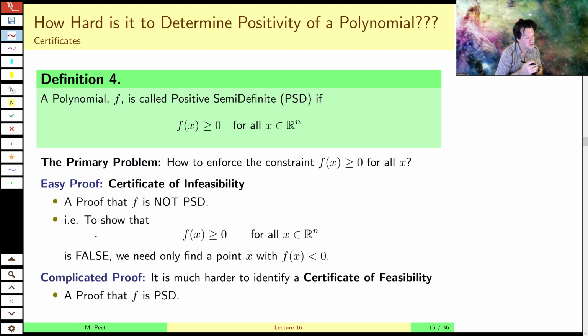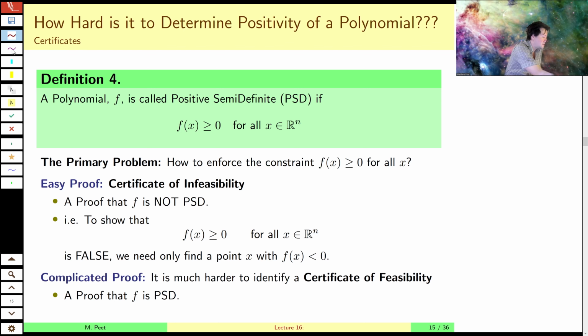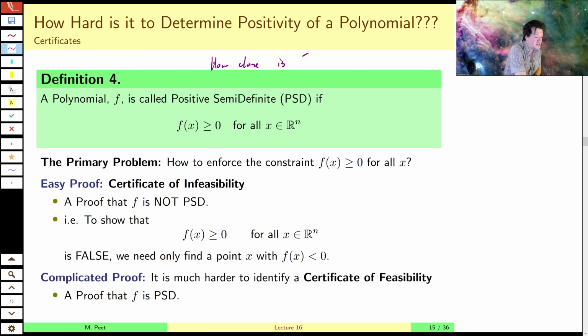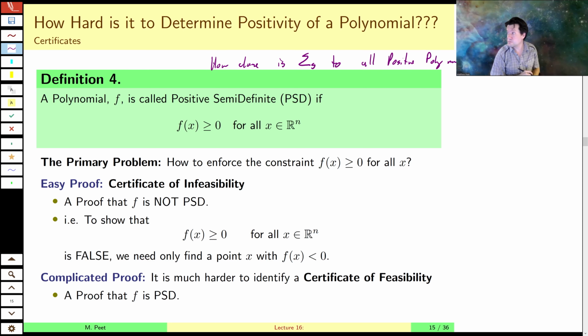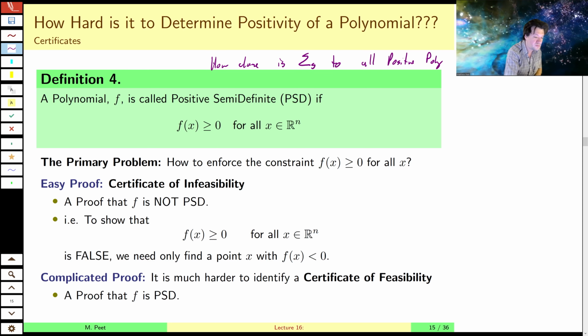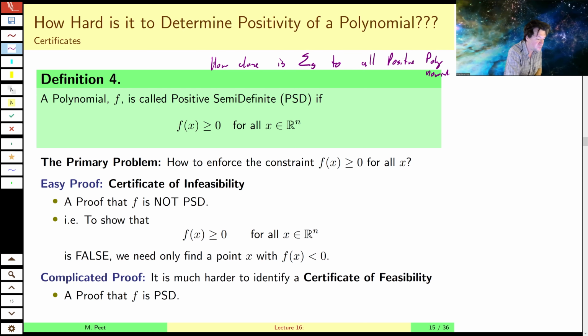So how hard is it to prove positivity of polynomials? Is sum of squares sufficient? How close is the set of sum of squares polynomials to all positive polynomials?